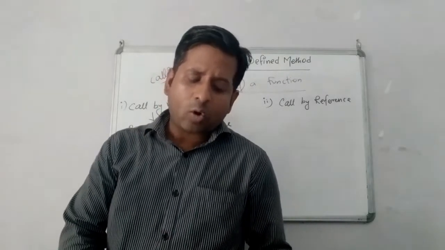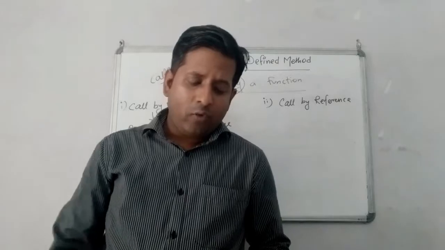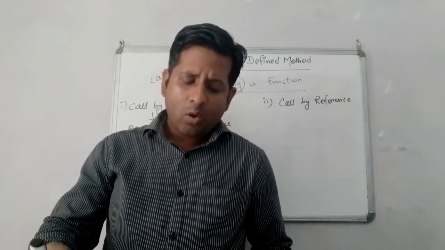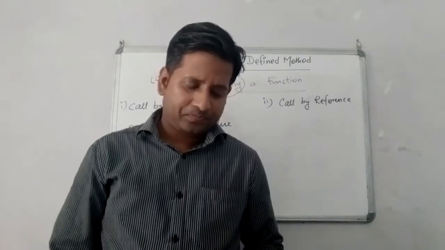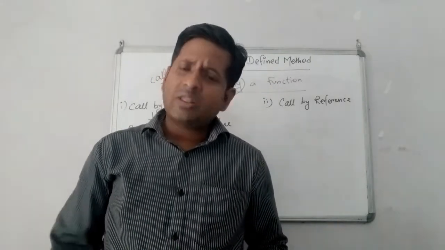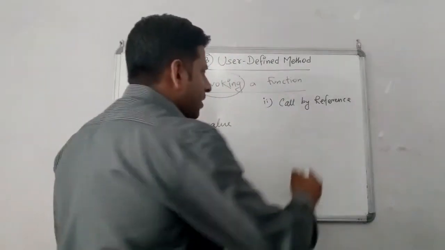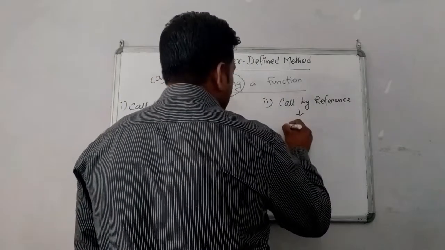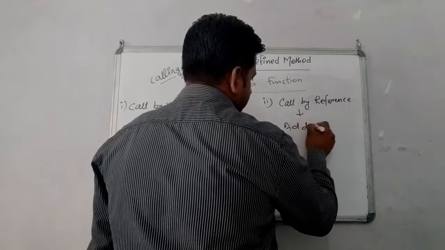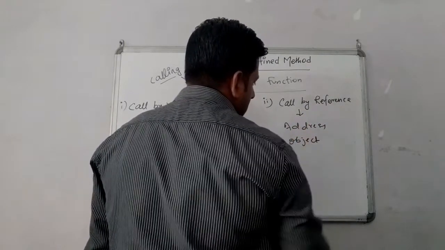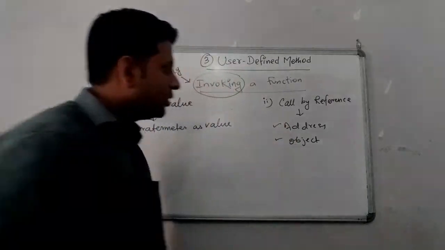So when we call any function with the help of reference, with the help of reference means with the help of address. So here you can say address, object. These two terms are used.